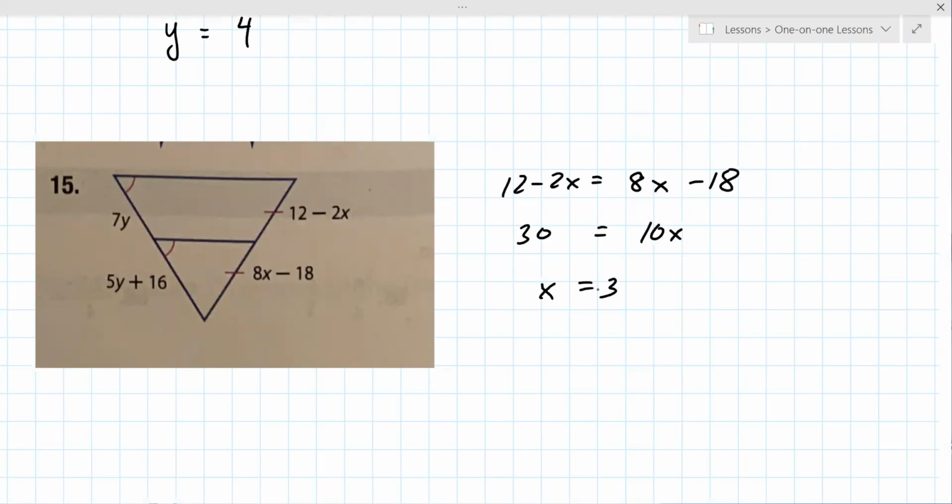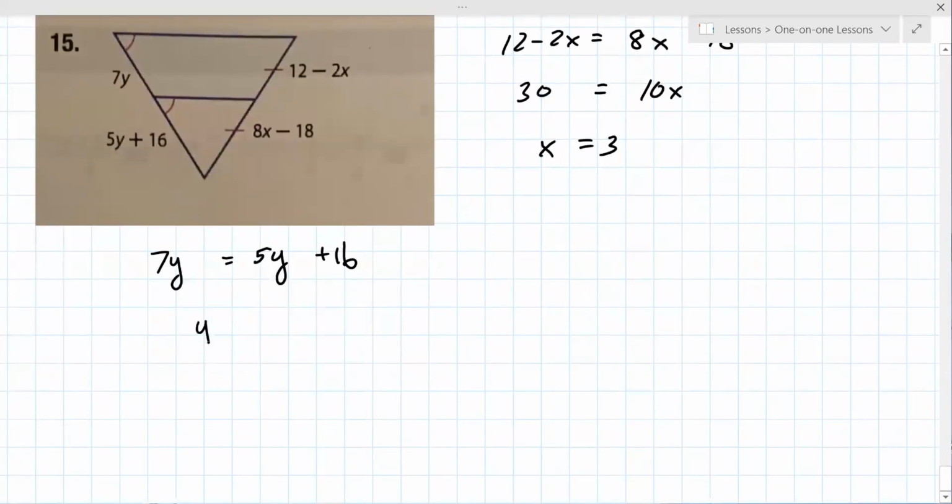Now I think you can just set 7y equal to 5y plus 16. The problem is I don't have a good explanation for that. And it does come out of 7-4. You do often just set stuff equal. Y equals 8? Yeah. I'm sorry I can't give you more explanation on that.